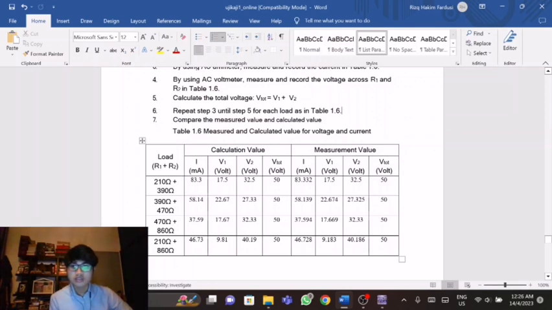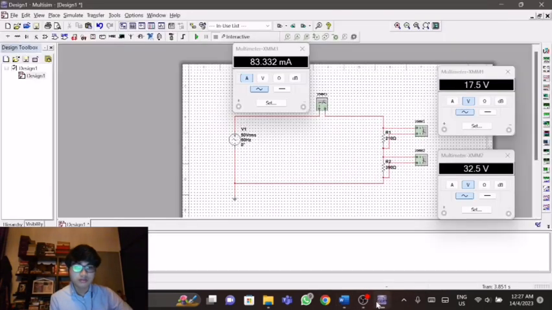The first one is 210 ohm and 390 ohm. So this is R1 and this is R2. This is the ammeter, and these two are the voltmeters. Here the current value is 83.332 milliampere. The voltage at R1 is 17.5 volt. The voltage at R2 is 32.5 volt.